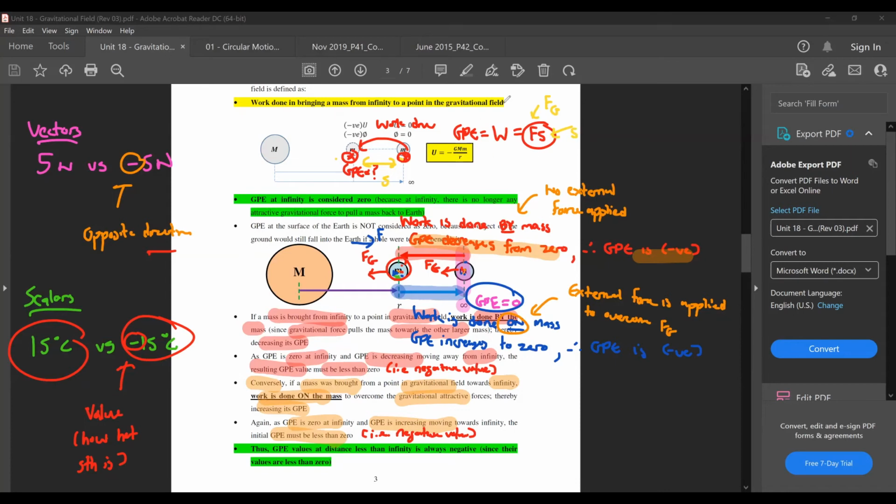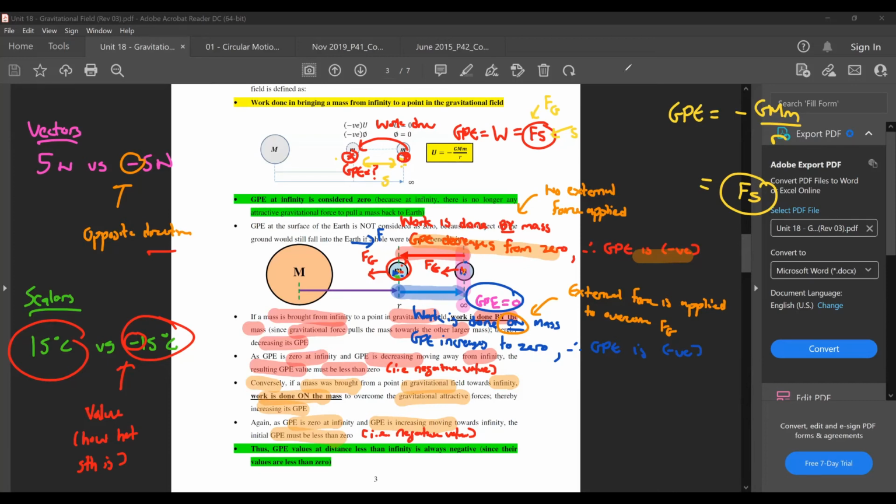Because some people will say, why is it that for my GPE value, I need to specifically use GMm over r? Why can't I just use Fs, where F is the gravitational force and S is your distance moved from infinity to whatever point that is? Now, the thing here is this.